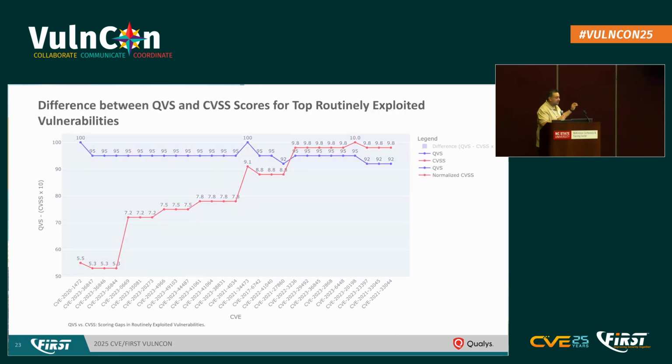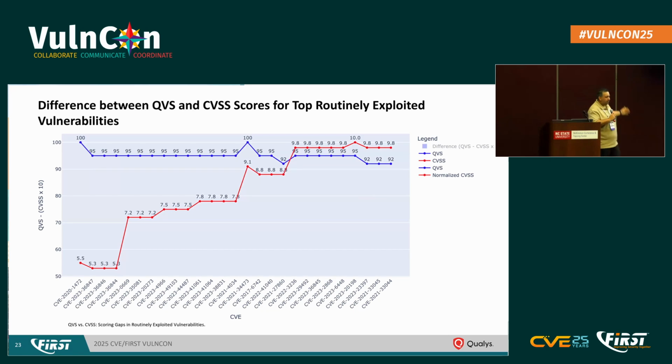We mentioned that CISA provided these 40 plus CVEs that they say are routinely being exploited. We took those CVEs, we removed the ones that had a similar score in CVSS and QVS, and we remained with this list.